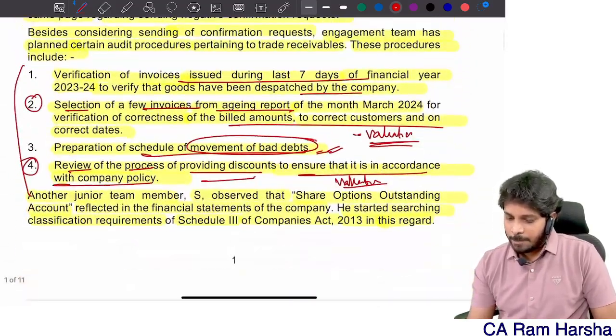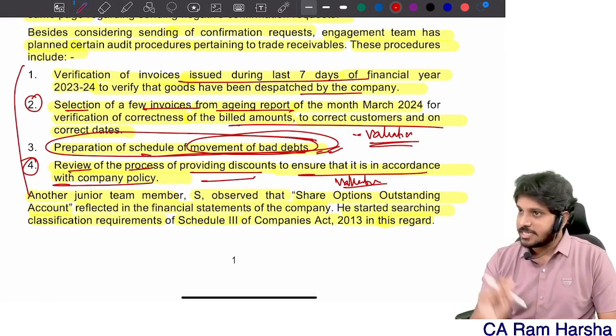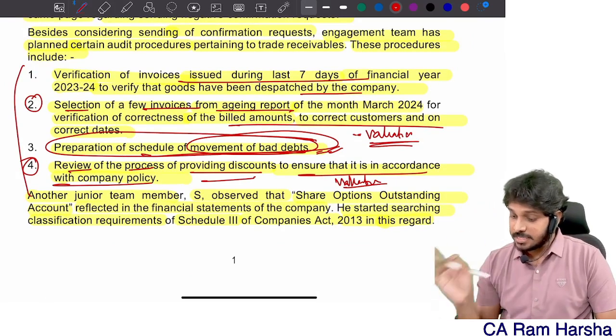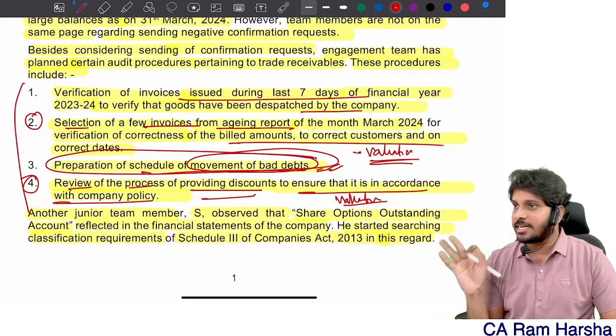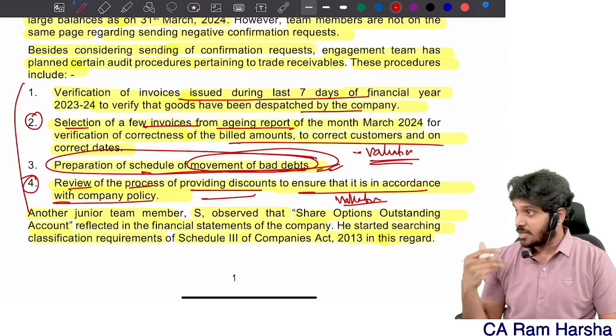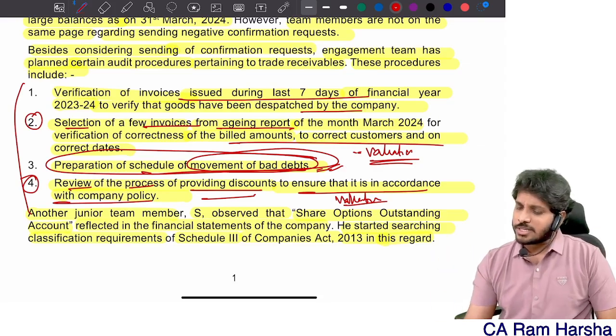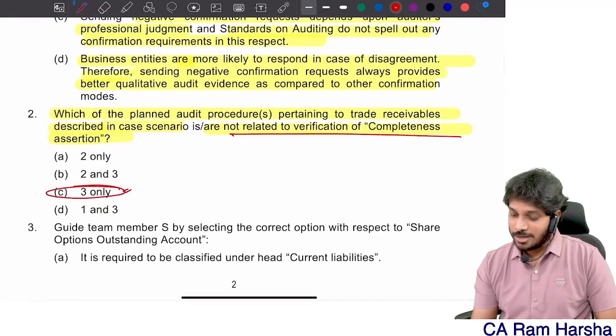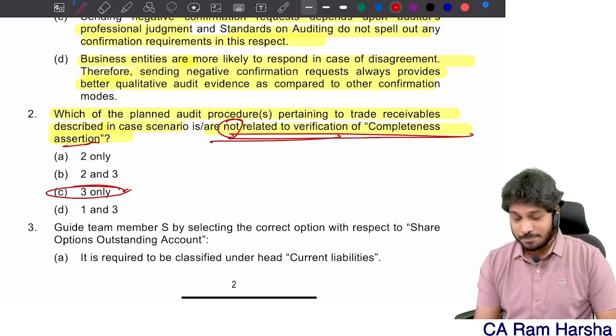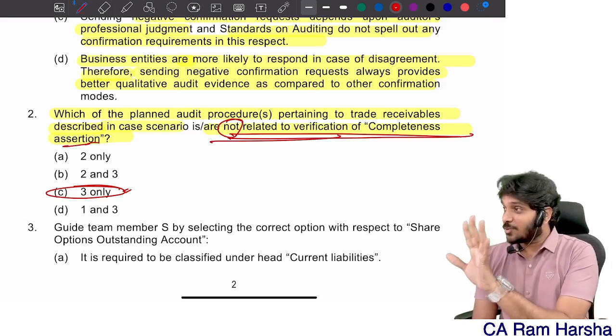But remember, preparation of schedule of movement in bad debts we definitely consider. This is related to completeness assertion. We have to consider bad debts also to check whether any... sorry, one minute. The question is what?